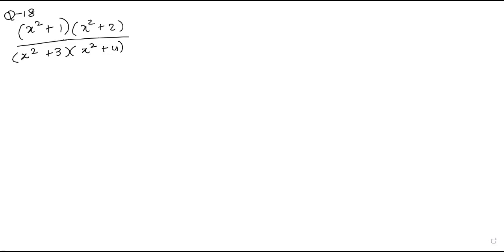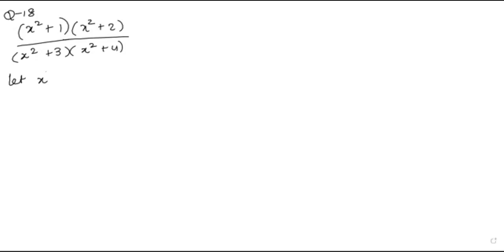So I am assuming x square as y or t, but this assumption will not be considered in integration. I will just keep this assumption to simplify my term. That is, I will not write this x square again and again.